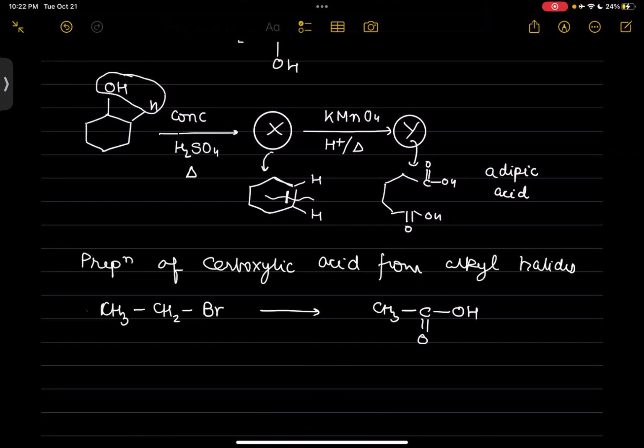How will you do that? And keep a track on the number of carbon atoms. Are they the same or have they increased? Got it? Keep a track on them.